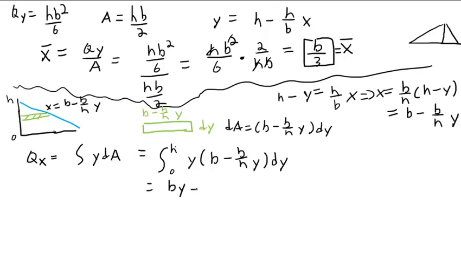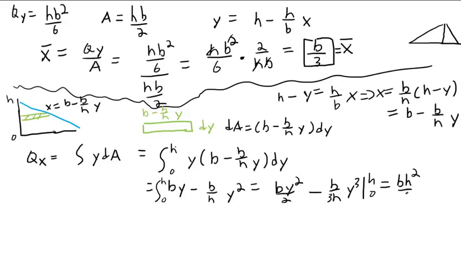Equals b y minus b over h y squared, the integral from 0 to h, and this is then b y squared over 2 minus b over 3h y to the third, evaluated from 0 to h, which is then b h squared over 2 minus b h to the third over 3h, that's squared, and Qx then will come to, let's see, 3bh squared over 6 minus 2bh squared over 6.